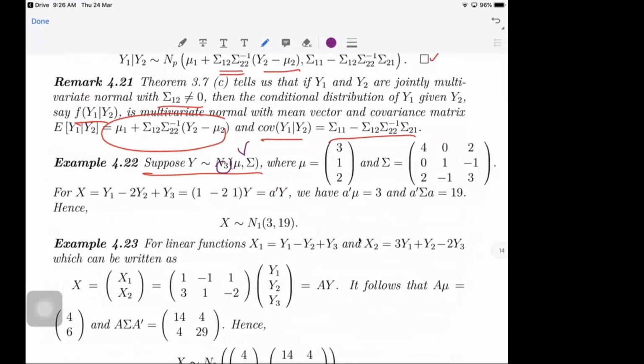And so your mean is a 3x1 vector with entries 3, 1, 2, and this is your covariance matrix. This means this is sigma 1 1, sigma 2 2, and sigma 3 3. The off diagonals are the covariances with the other variables.